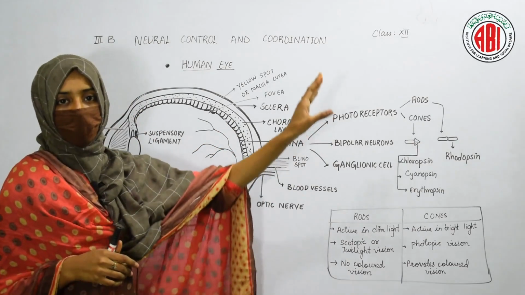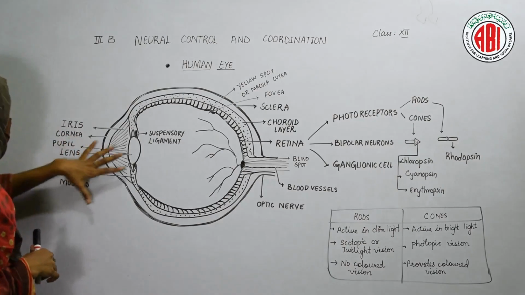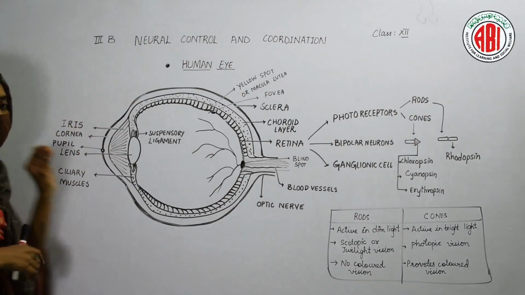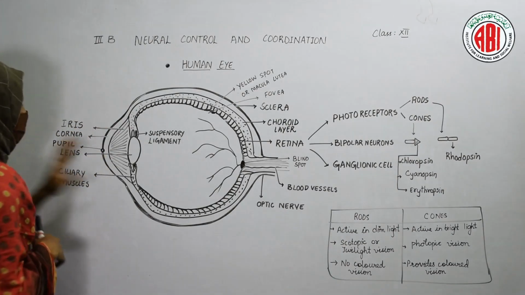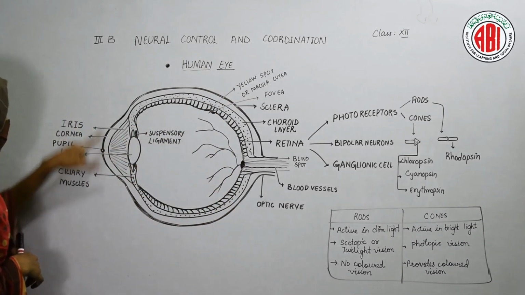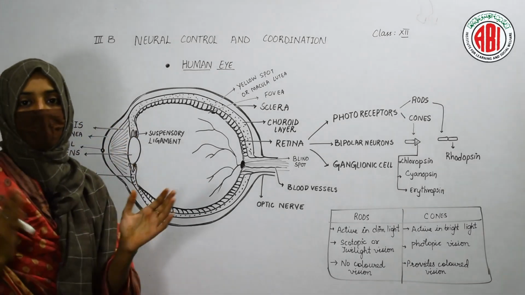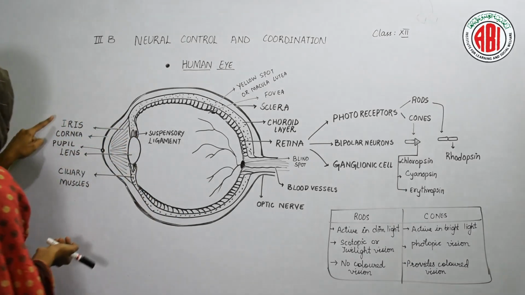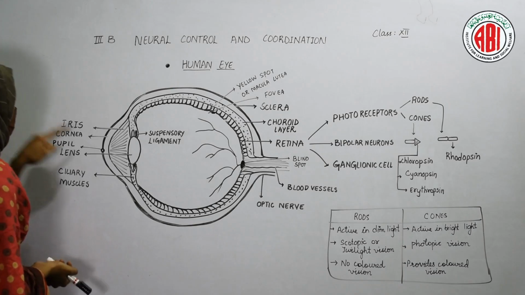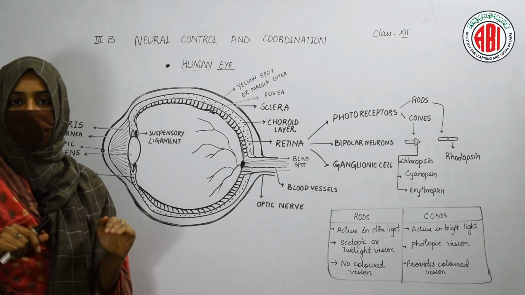Before proceeding towards the cells like rods and cones, let us first see the different parts that you can see in our eye. Besides these three layers, you can also see a part that is present in front of the lens. The lens is behind a part which is called iris, and iris is a colored ball that you can see.